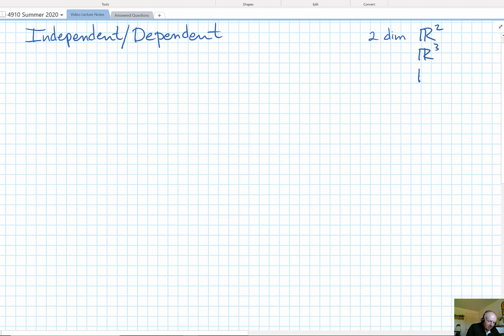Four-dimensional, obviously, R4, and then sometimes we'll just say Rn. Of course, we can graphically consider R2 and R3, but R4 and Rn are a little bit more difficult. But anyway, independence and dependence is a property of vectors, whatever space they're in, however big they are.